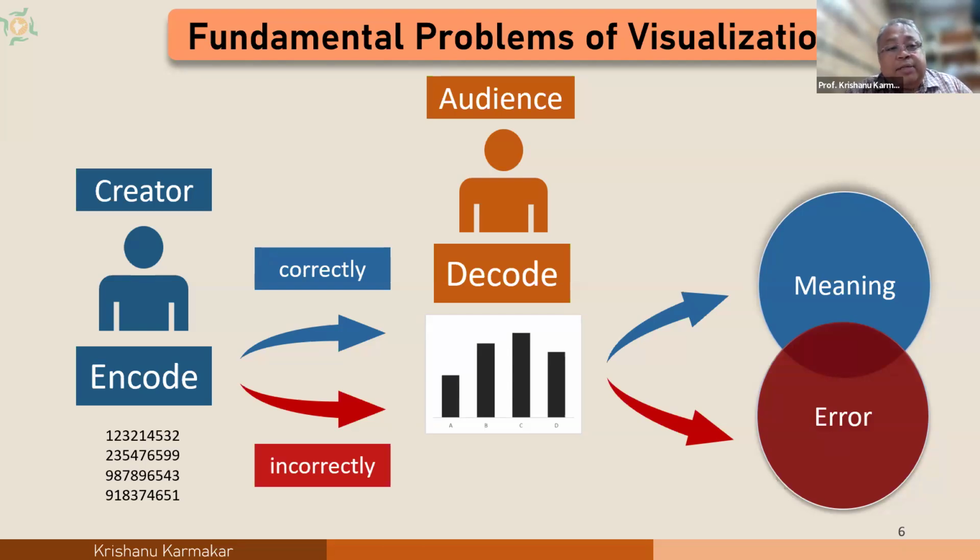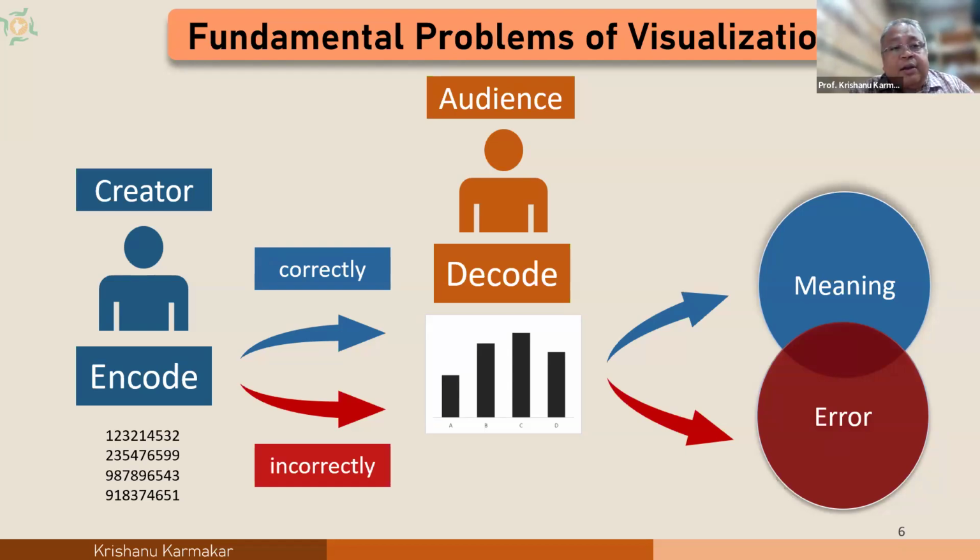What is the audience trying to do? The audience is trying to read the chart to decipher some meaning. Now, there are two possibilities, right? When you are trying to decipher some meaning, either you might be able to correctly decipher the meaning or wrongly. So there might be some error and there might be some part that you are doing correctly.